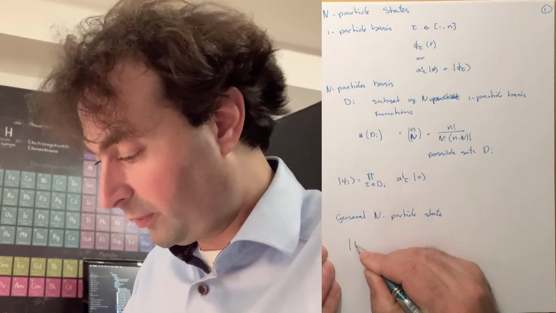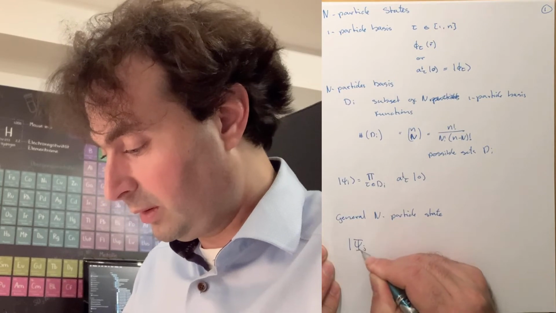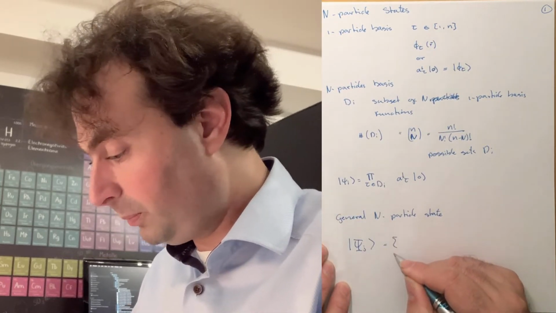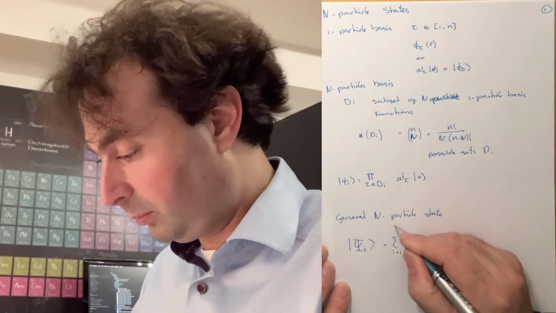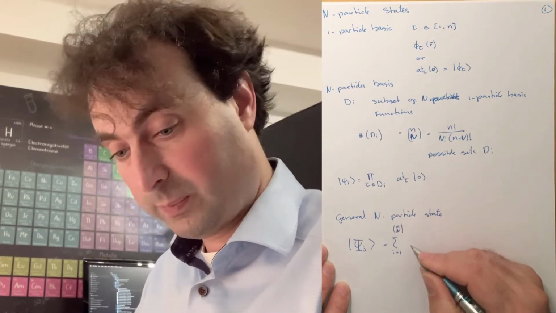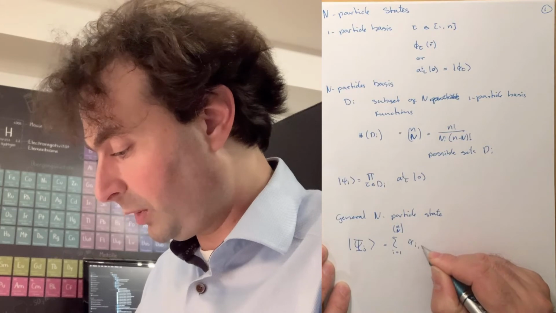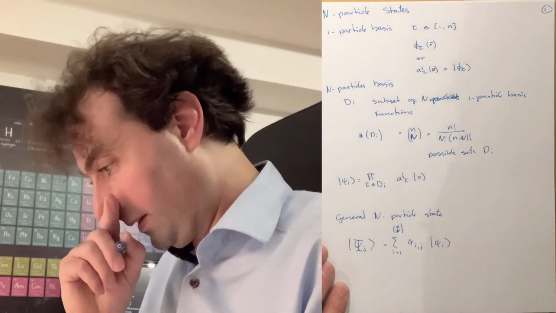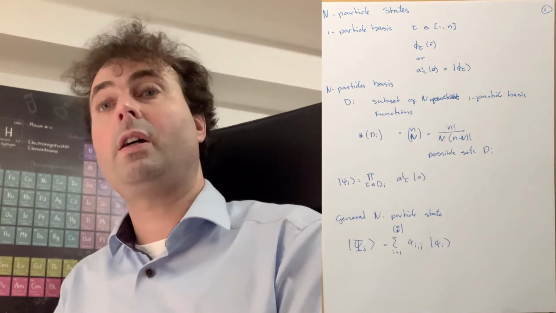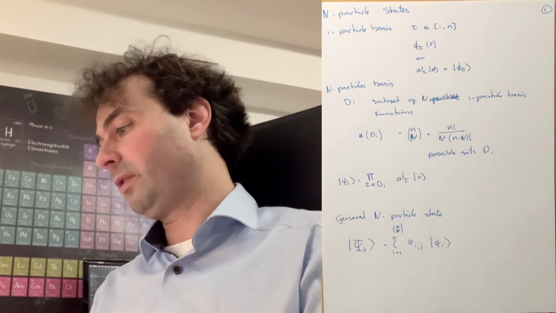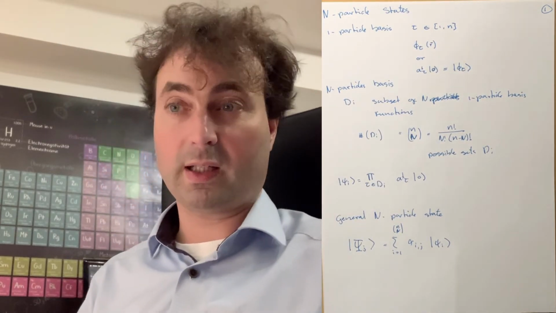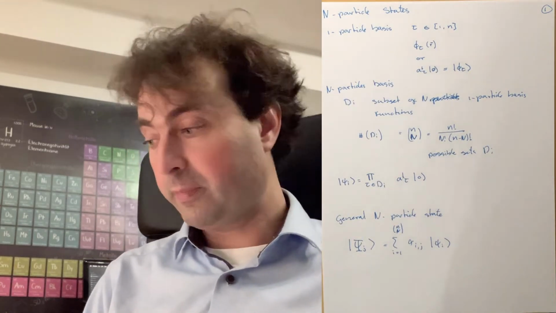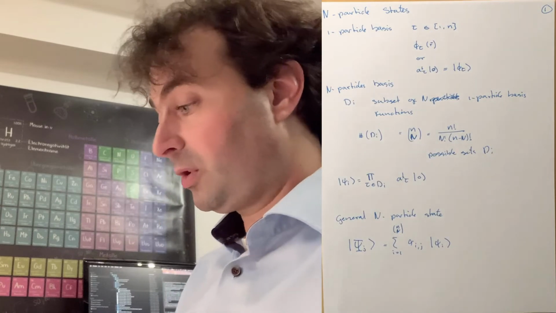So a general wave function with n particles can be written as a sum over all possible Slater determinants with some complex prefactor and then our single Slater determinant states. And this is how we, in general, can always write down our wave functions and states of n particles in a system. It might not always be the most efficient.